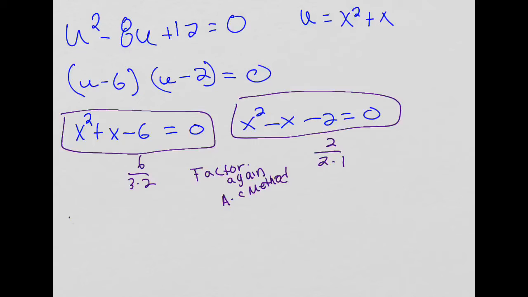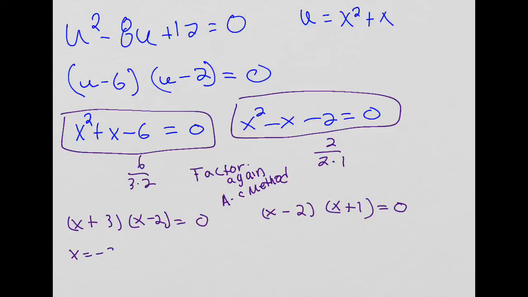After I have factored that using the AC method, I am left with x plus 3 times x minus 2, and then on this side, x minus 2 times x plus 1 equals 0. Then I solve for x. This is going to give me negative 3 and positive 2, and here is going to give me 2 and negative 1.